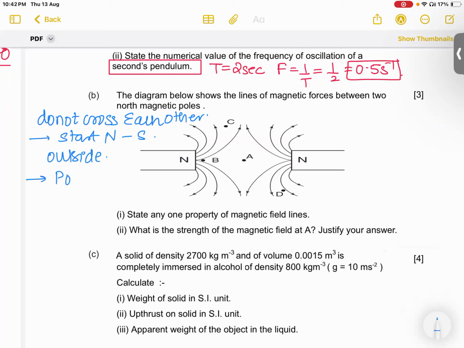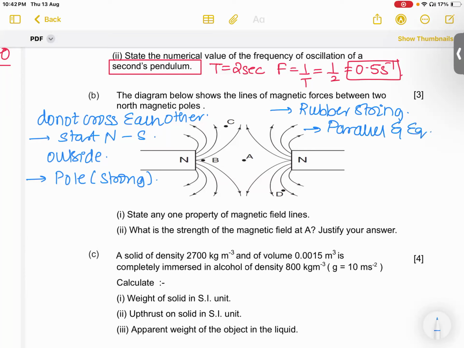I can say field lines are stronger at the poles and weaker at the center. They act like an elastic rubber string, and they are parallel and equidistant. Okay, kids? Any one you have to write.